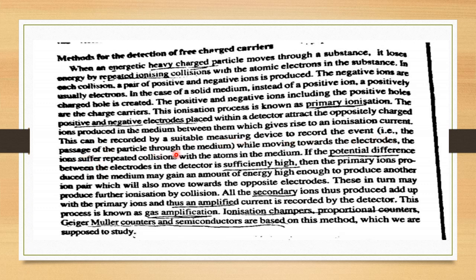That is the passage of the particle through the medium. While moving towards the electrode, the ion suffers repeated collisions with the atoms in the medium. Now, if the potential difference between the electrodes in the detector is sufficiently high, then the primary ions produced in the medium may gain an amount of energy high enough to produce another ion pair.